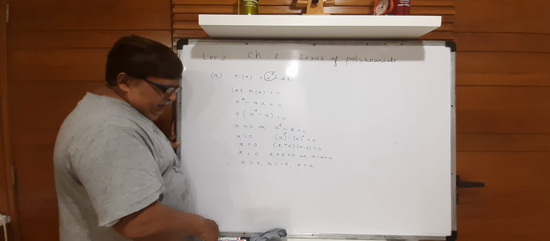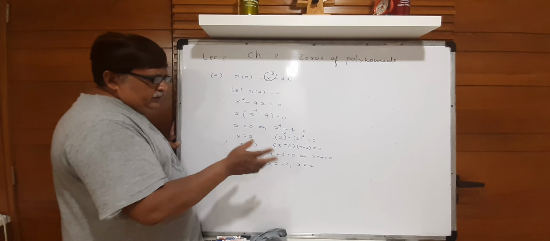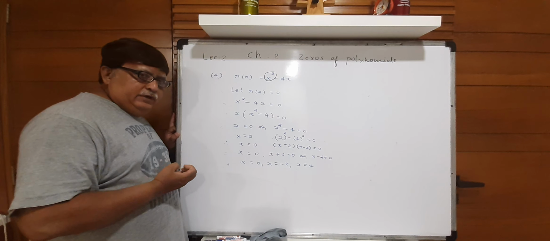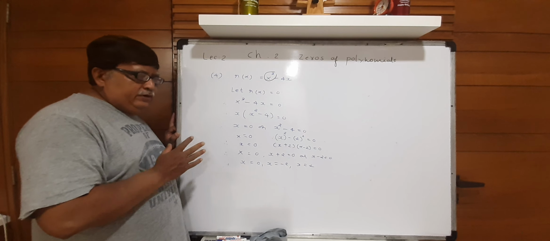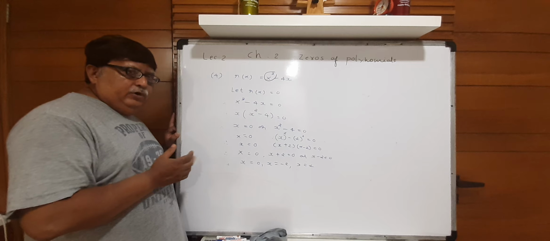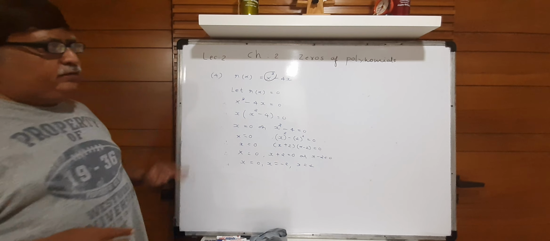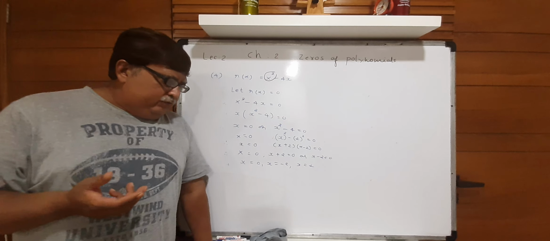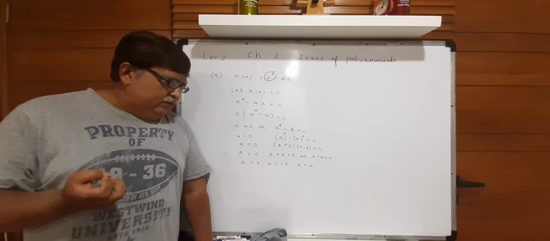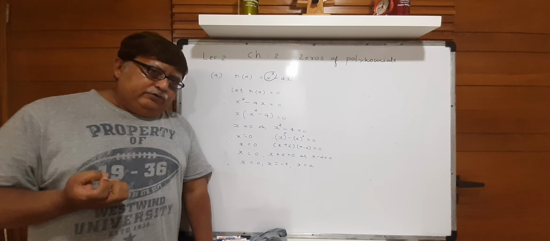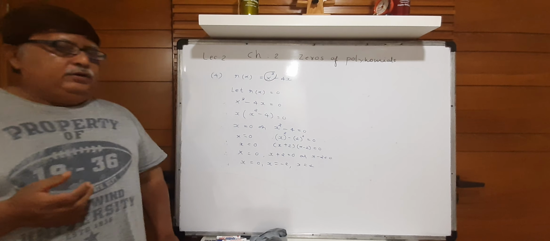No doubt in one more extra lecture we are going to understand the graphical presentation of all polynomials. That will be the next lecture, but in lectures 1 and 2, we just want to give only one concept, that is how to find zeros of a polynomial.